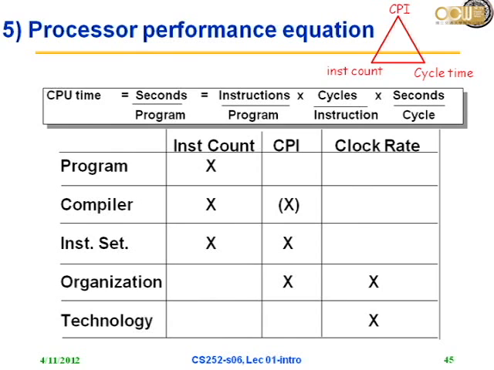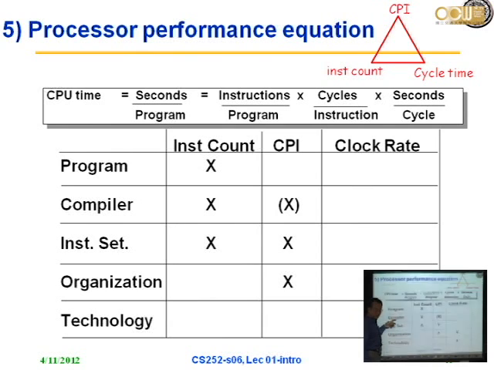And program. How do you relate this program to the compiler? The compiler generates the program. Why do I put another thing called program here? That is if you write your own program. You don't count on the compiler to write the program for you.